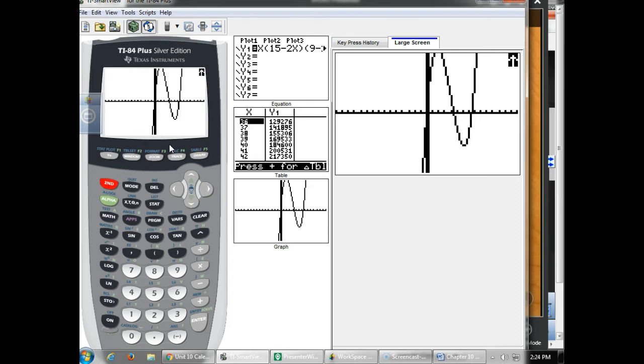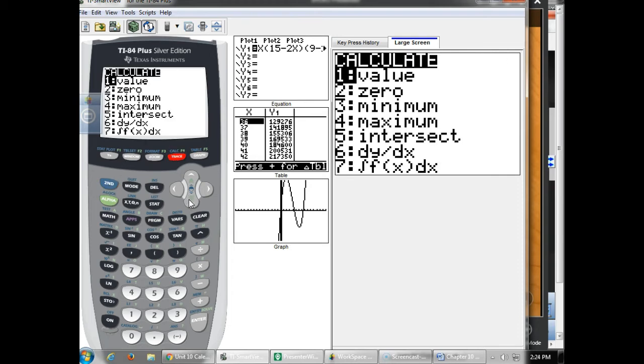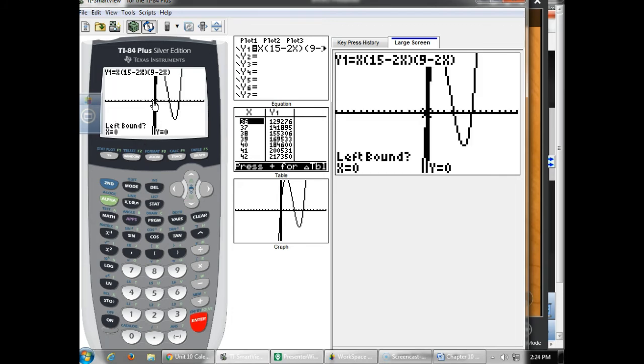So I'm going to do second, calculate, and go to maximum. I can see it's between 0 and, let's say, like 7. So I'm going to do 0, enter. It's just another way to say left bound. And let's just do 7, enter. You know what, I don't want to be that far past that other one.